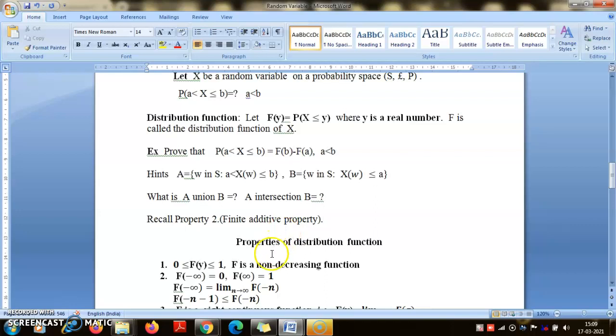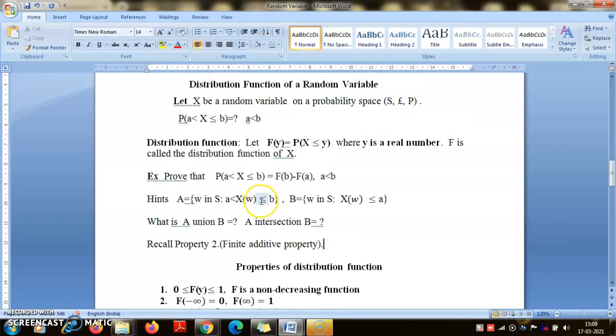So we can classify the random variable as discrete or continuous based on whether the distribution function is continuous or not. The distribution function is everything that you need to know about the probability distribution of X because of this relation. In the next class, I will talk more about the distribution functions.